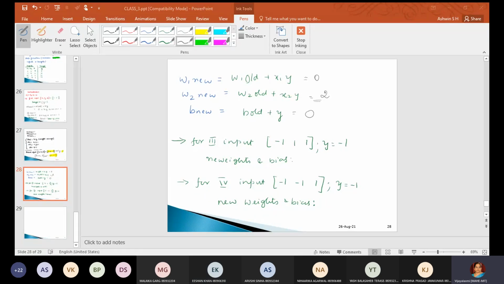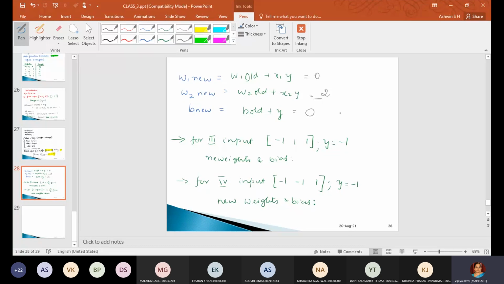Because here chances are there that you will make some mistakes. You have to be careful with the plus and minus and all. So now can you just tell me the values for the third iteration, W1, W2, and B new. Similarly, for the fourth input.